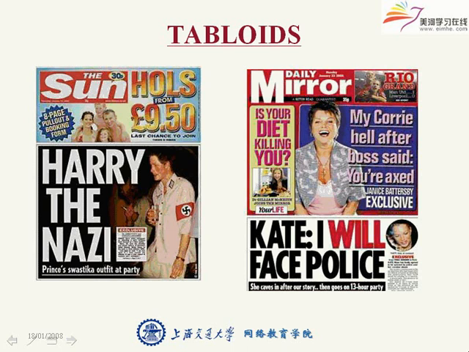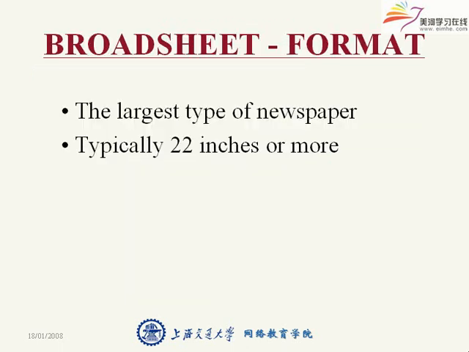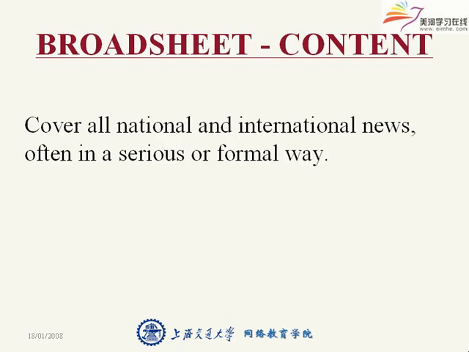And the emphasis, that means the main stress, is on the text. They have few photographs, and if they have a photograph, it serves to illustrate and not to convey the news. It means the photo is more like an explanation, but it is not the most important thing, right?